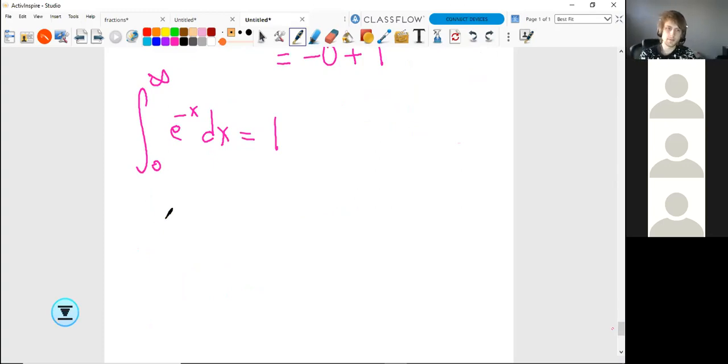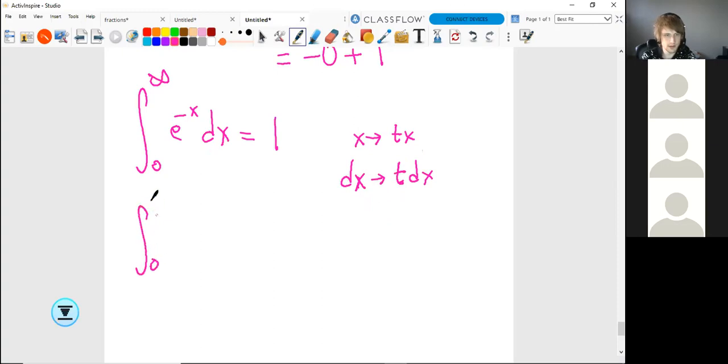But anyway, now let's recover our friend the gamma function out of this. So let's change x to tx, and then that means that dx is equal to t dx. Okay, so let's rewrite.